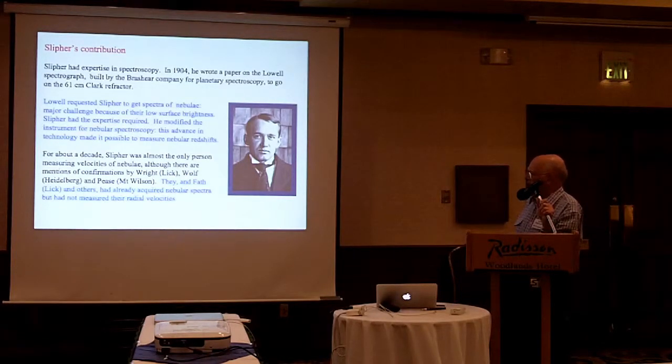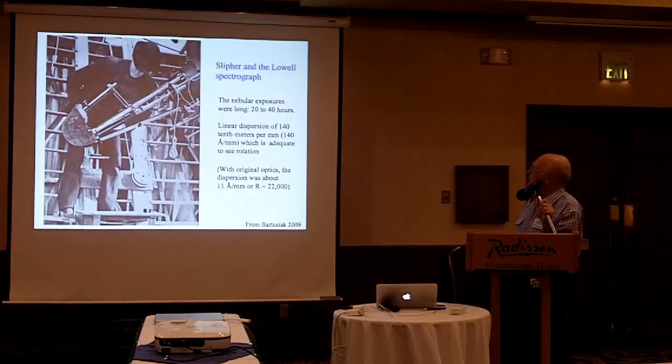But for about a decade, Slipher was almost the only person measuring velocities of nebulae, although there are mentions of confirmations by Wright, Wolf, and Pease. These people, and Pfaff from Lick, had already acquired nebula spectra, but for various reasons have not measured their radial velocities.